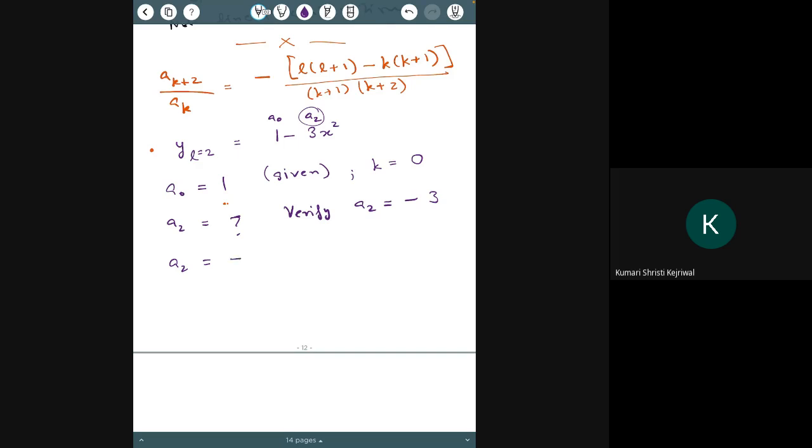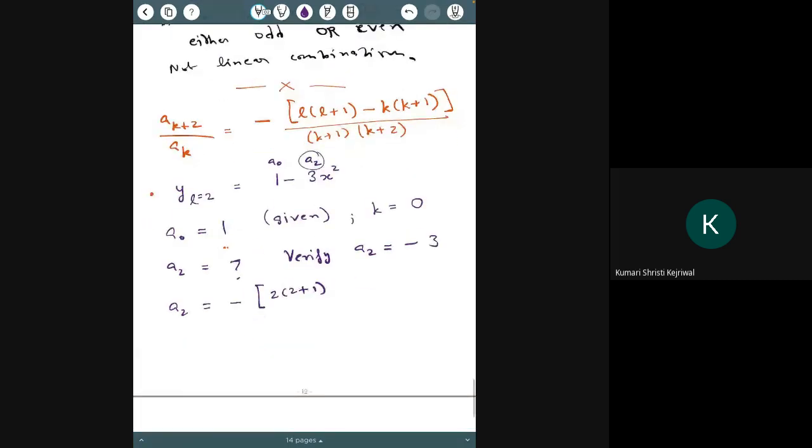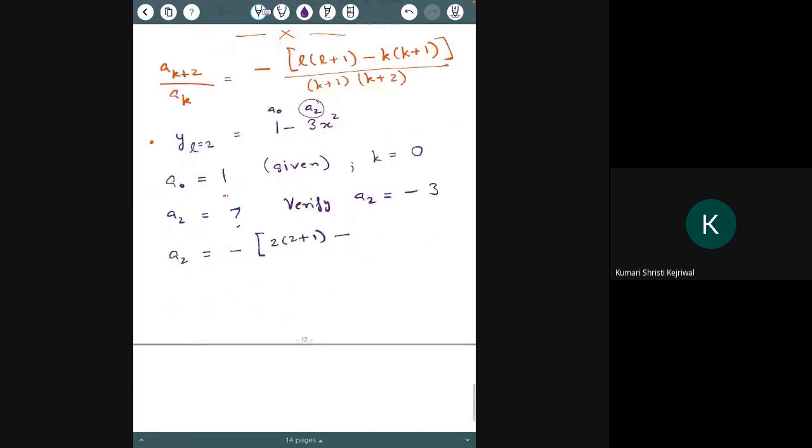So a2 is equal to minus of 2 into (2 plus 1), minus 0, by 1 into 2.